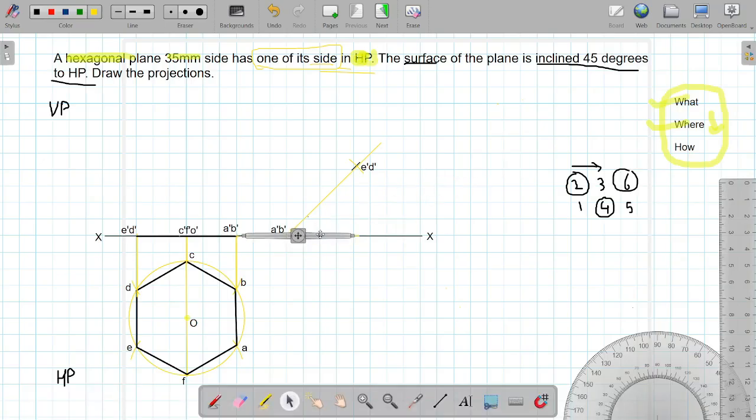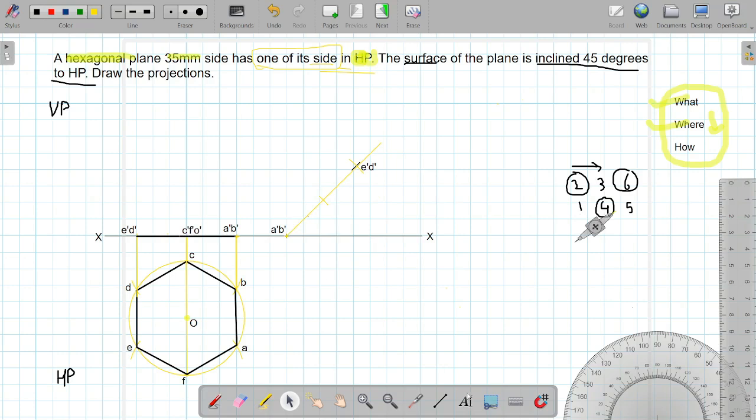Similarly, you have to measure the distance from A dash B dash to this C dash F dash and O dash. Then keep the compass at this particular location and mark the point of C dash F dash and O dash.